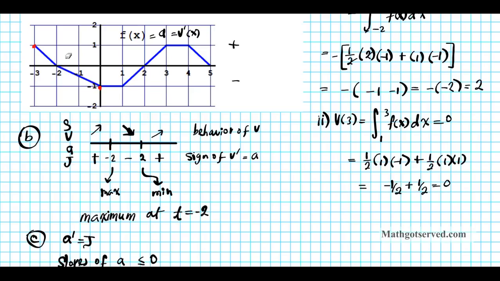So guess what? A prime is negative on this interval right here. The slope is always negative. Here, the slope is going to be what? Here the slope, A prime, is equal to 0, since you have a horizontal line. And then here it's positive, we don't care about that. And then from 3 to 4, A prime is equal to 0 again. And then from 4 to 5, A prime is negative.